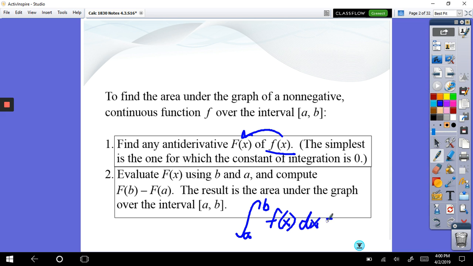You find the antiderivative, then plug b in first, and then subtract what you get when you plug in a. And that will be the area under the graph on this interval. Boom.